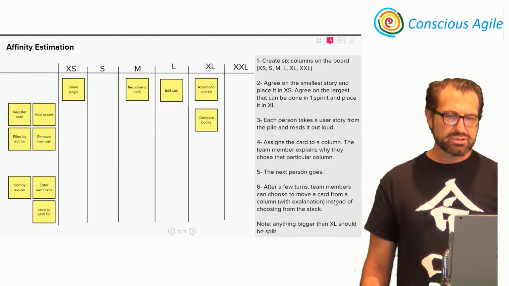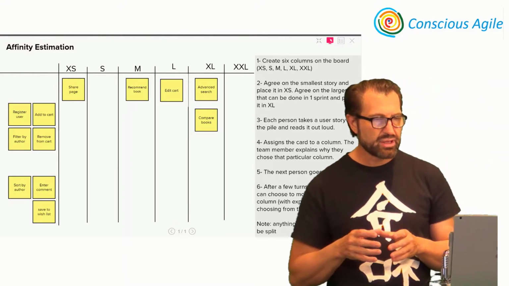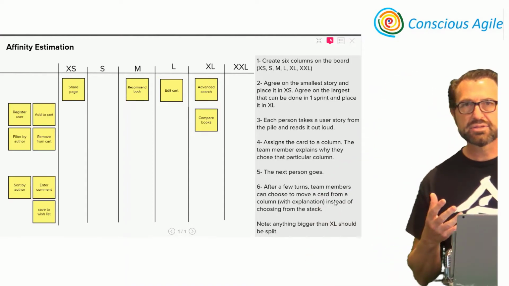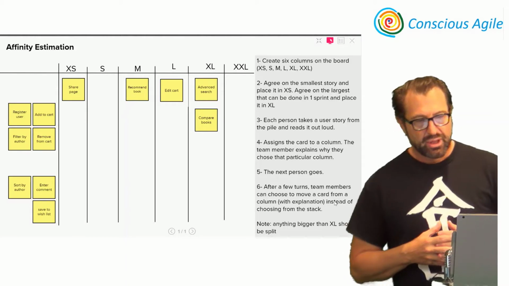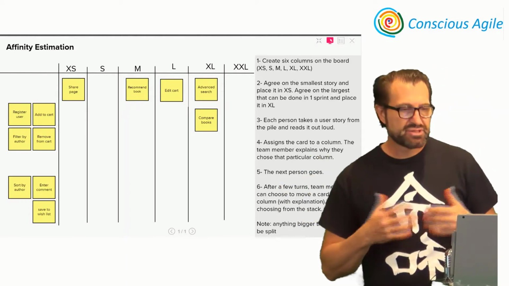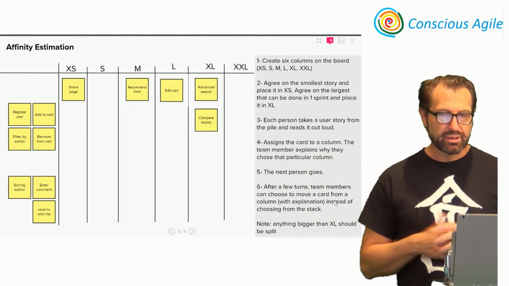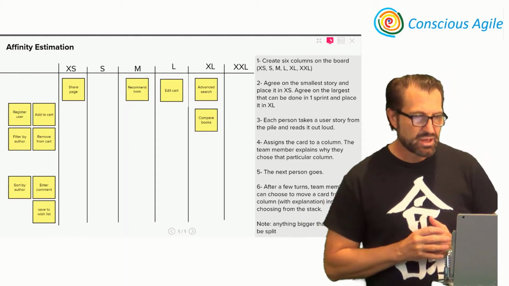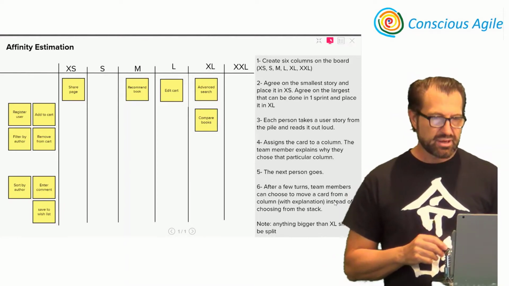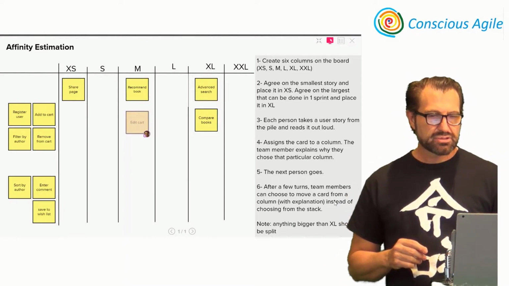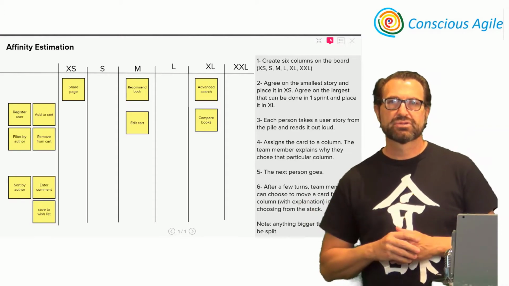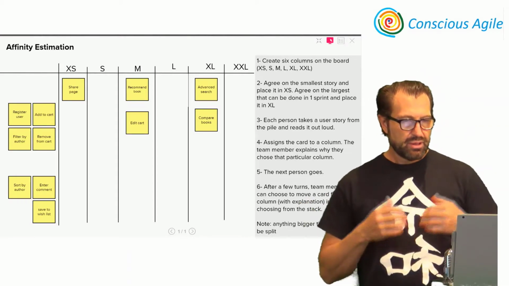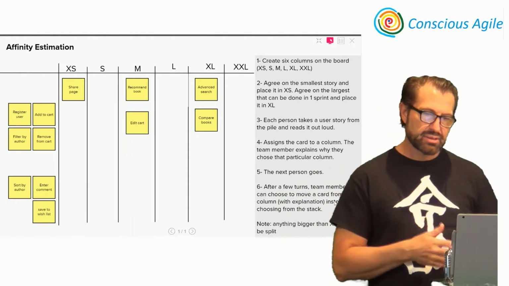And why? Because yes, we do have the card already, and the APIs, but edit a card means creating a new page, pulling all the information, updating, etc. Now, the next team member says, well, I don't think edit a card is a large. I think it's a medium, because we already have a template that we can use. So that's going to be much easier. Okay, good. And the next one comes along and so on.